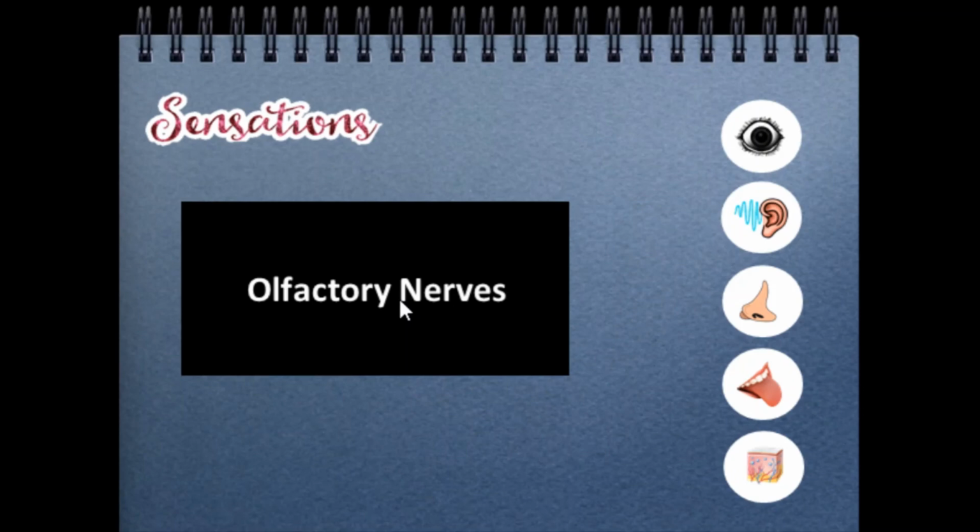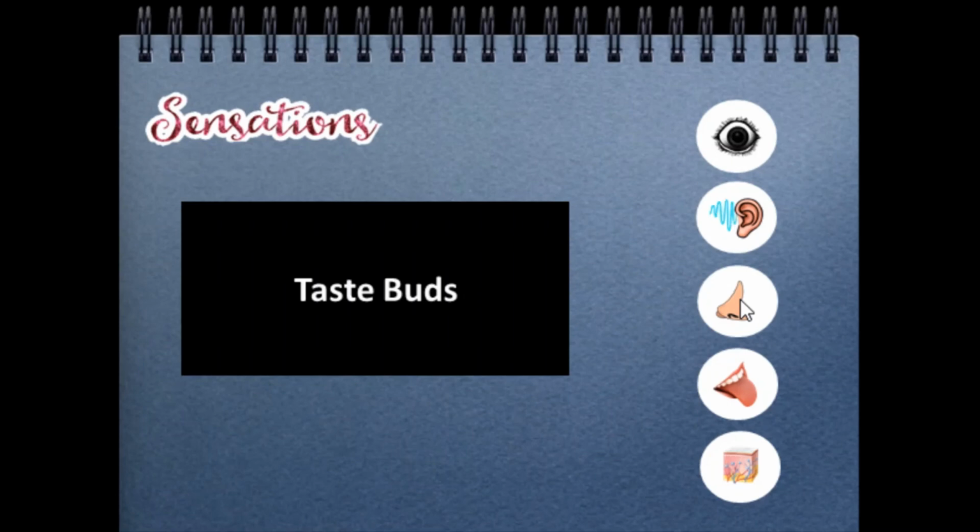Next, what about the next word? We have here taste buds. Is it eyes, ears, nose, tongue, or skin?